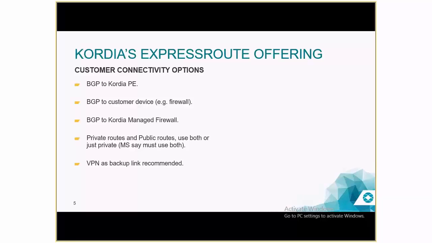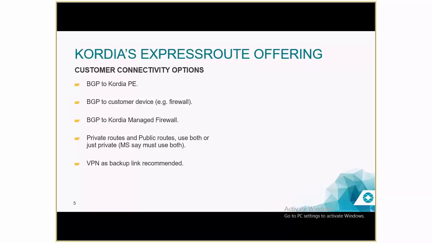You don't have to take both, as we've found, but the recommendation is that you do take both, because you've got access to their public-facing services like storage and remote app. But if you just want to consume for migrating virtual machine loads into the data center, then you can get away with just the private stuff.